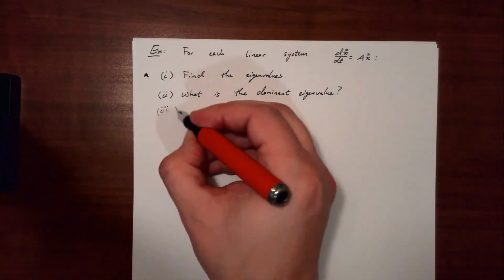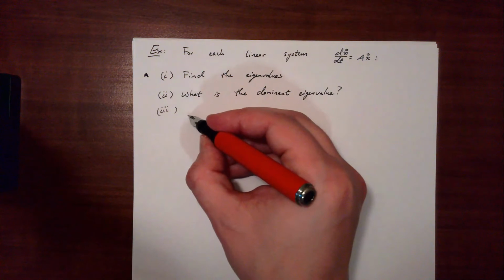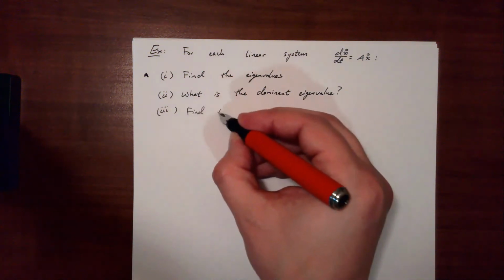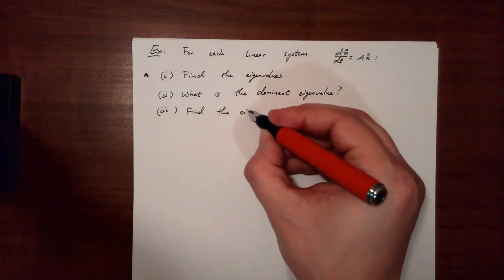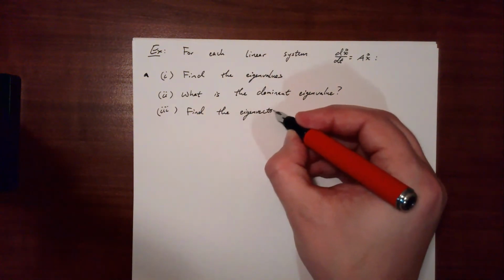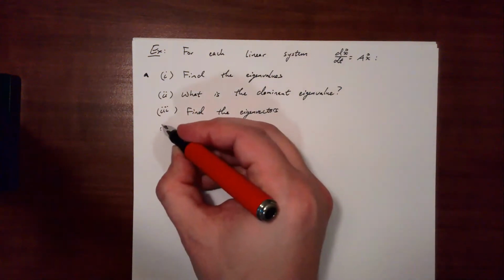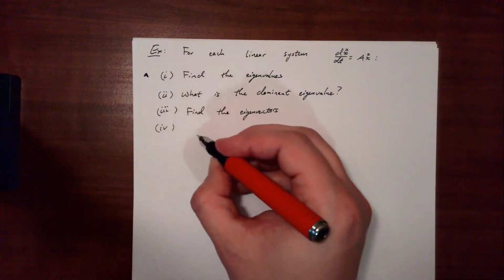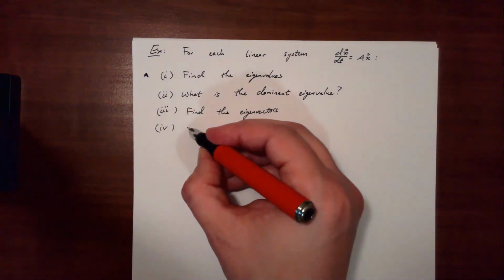Three, find the eigenvectors. Four, what are the straight line solutions?